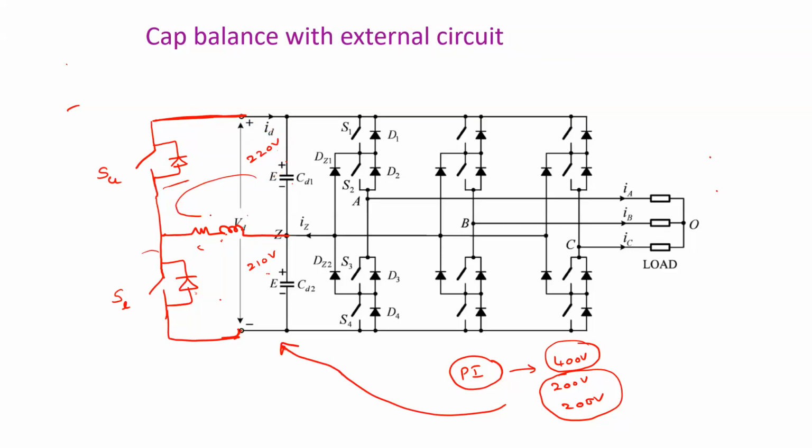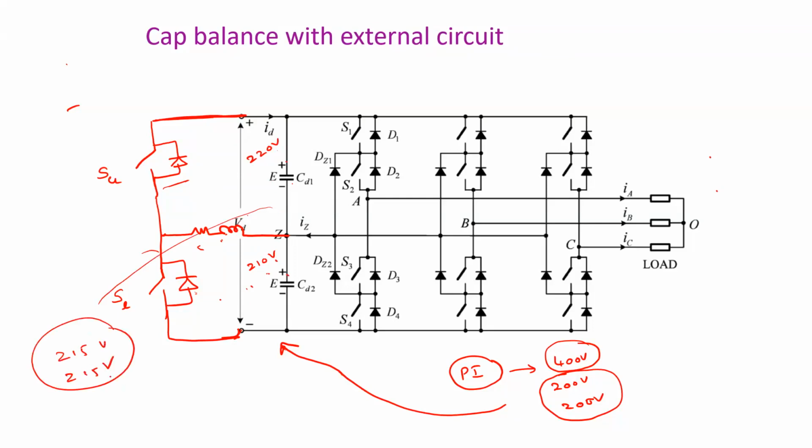So at the same time when the PI controller is trying to maintain 200 volts, this excess charge is immediately transferred to the bottom capacitor. So it is trying to reduce the gap between these two voltages. Understood? If this is the case, they will settle somewhere around 215 volts and 215 volts.